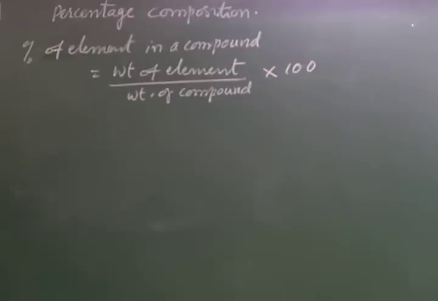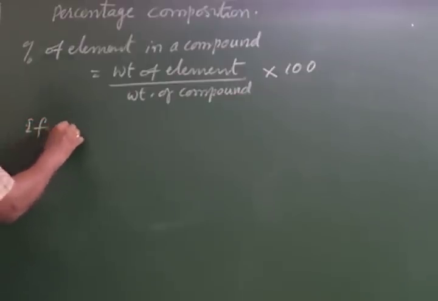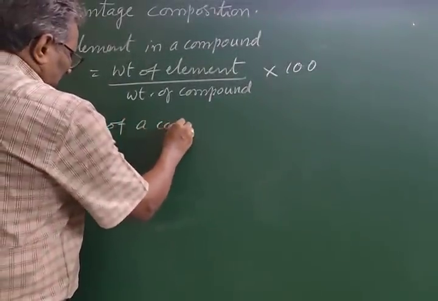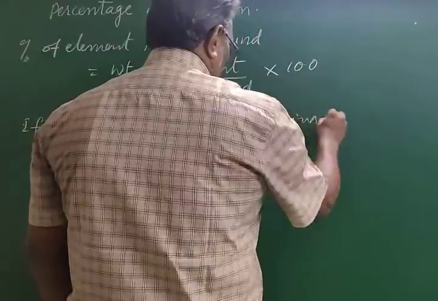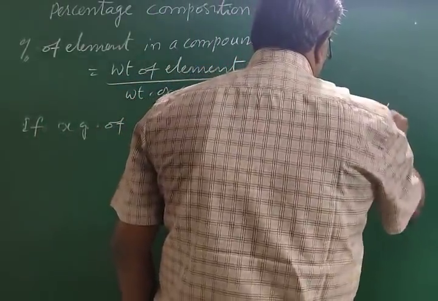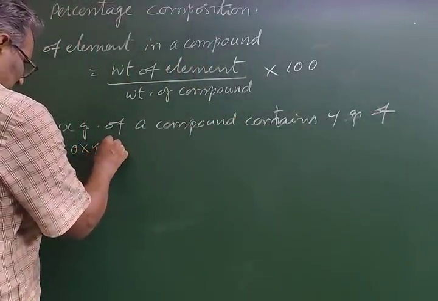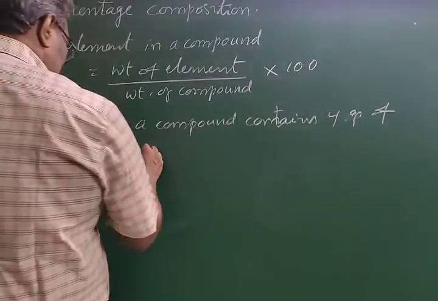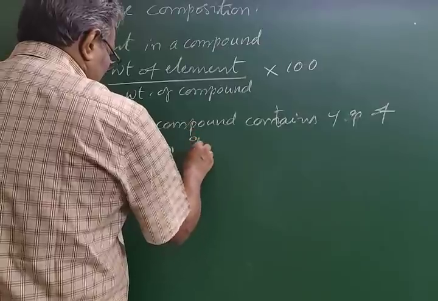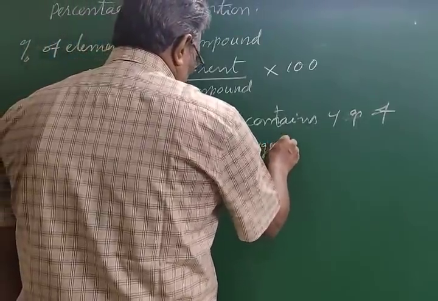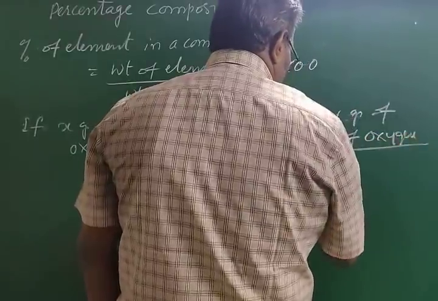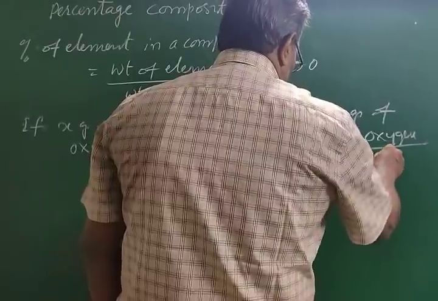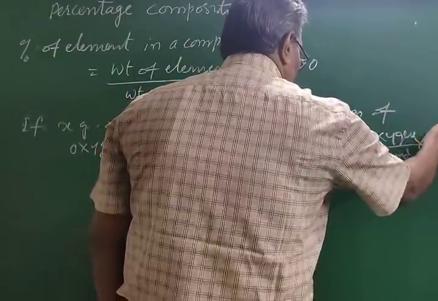Okay. If x grams of compound contains y grams of oxygen, then percentage of oxygen is equal to weight of oxygen by weight of compound into 100.